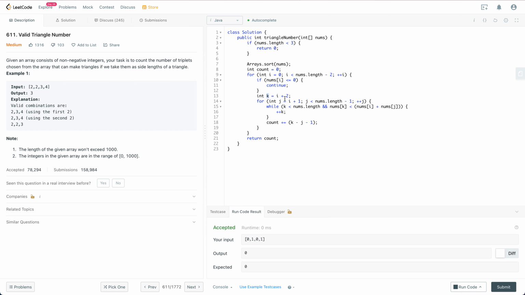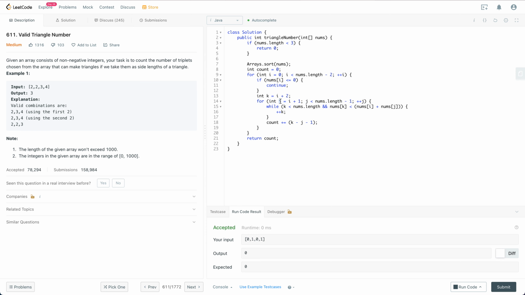That is because nums j, the second longest side, is already longer than the last one. So that is why we just need to keep moving k without restarting from the very beginning.